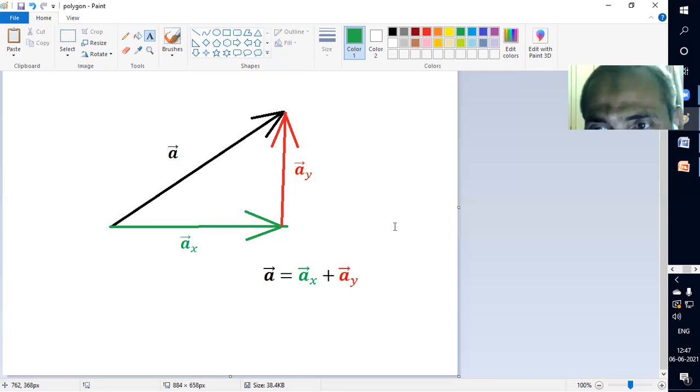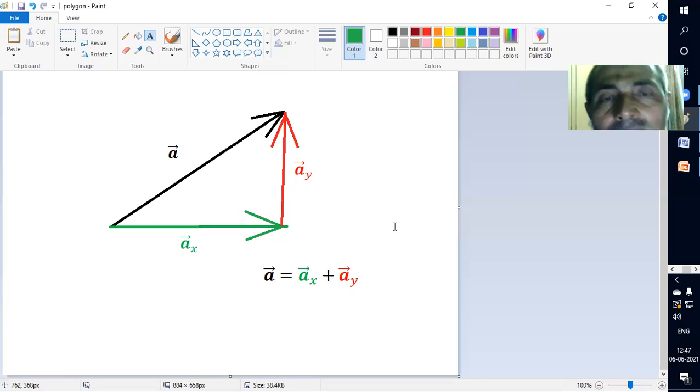Similarly, the red color vector is called the vertical component. So any diagonal vector can be divided into two parts. One is the horizontal component and the other is the vertical component, or one is the x component and the other is the y component. Remember that when you add different components of the vector together, all the components together will give you the total resultant vector.